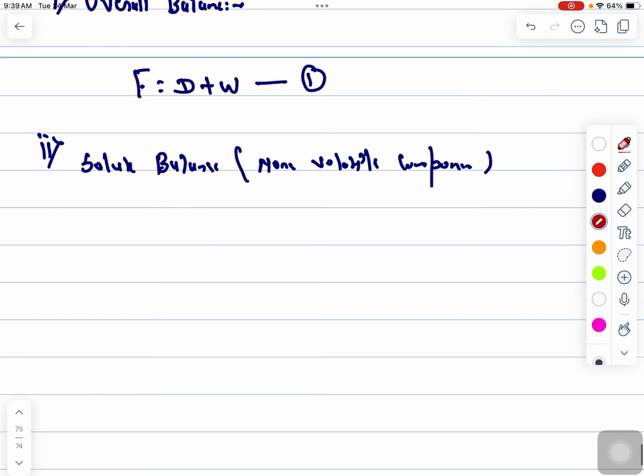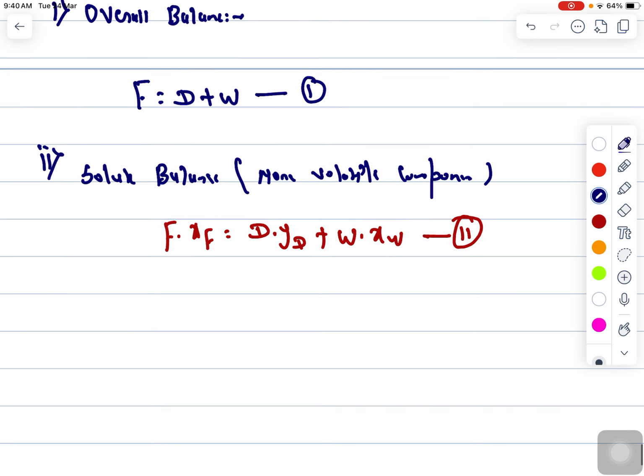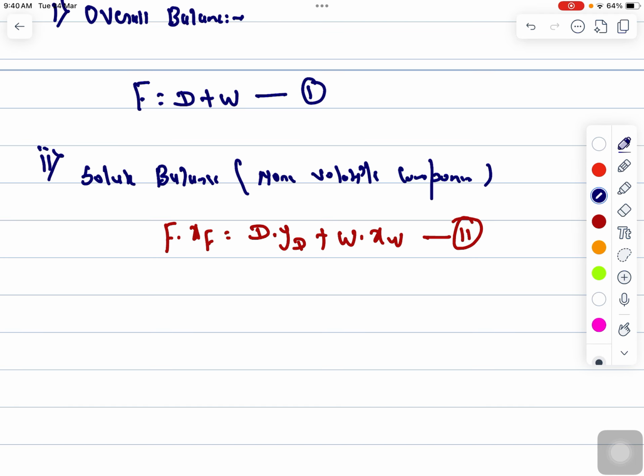So we can perform the material balance as F into XF equals D into YD plus W into XW. This is your second equation. Is that clear? So you have two equations, and either D and W will be given, and based on the problem you have to calculate something, right? This is how you perform the solute balance and material balance.